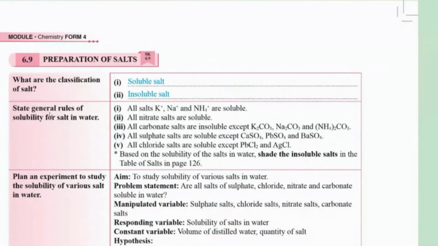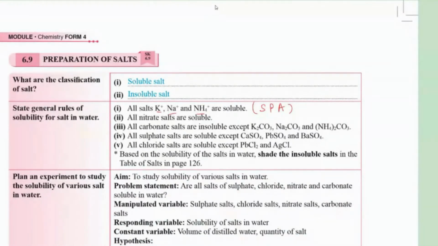General rules, I let you know already. All the salts of sodium, potassium, ammonium are soluble. Revise one more time: this one is SPA. S is sodium, P is potassium, and A is ammonium. Then all nitrate salts are soluble.